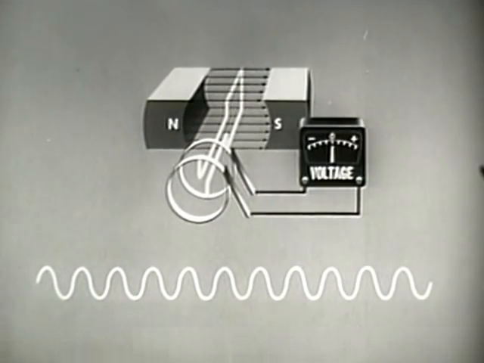Large AC generators are sometimes constructed with a stationary armature and a rotating field. Here, the coils of the armature are set around the circumference of the yoke.